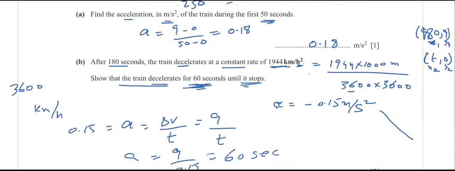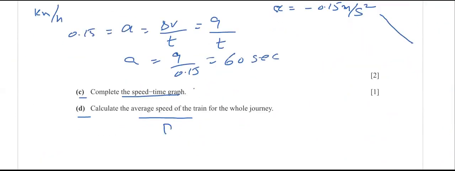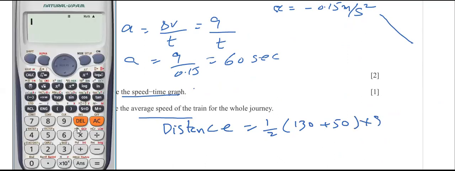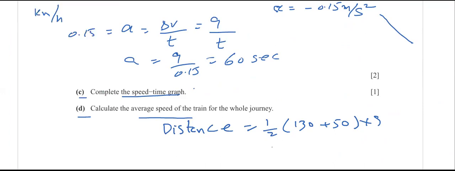So first find the total distance. Distance will be the area under the curve. So 0.5 multiplied by 130 plus 50 multiplied by 9. That will give you the distance. So 810 is the distance.